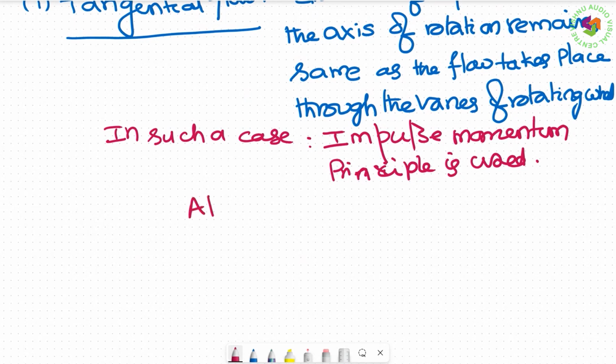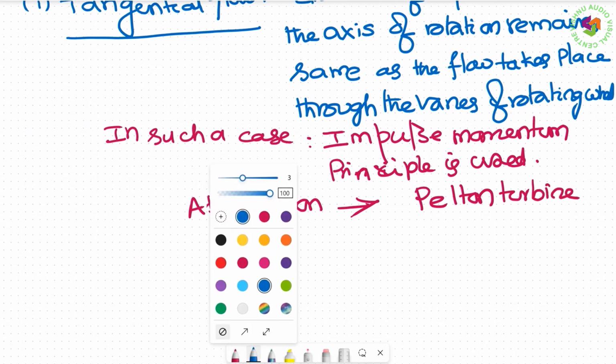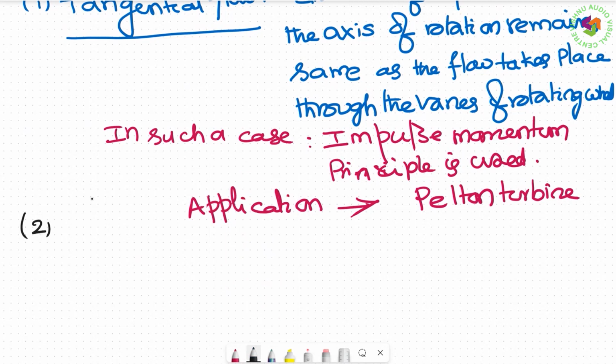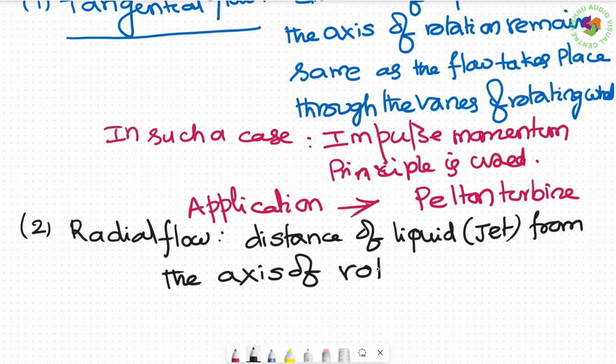This application is the Pelton turbine. Like a radial flow, the distance of liquid, that is jet, from the axis of rotation varies along the path of flow.